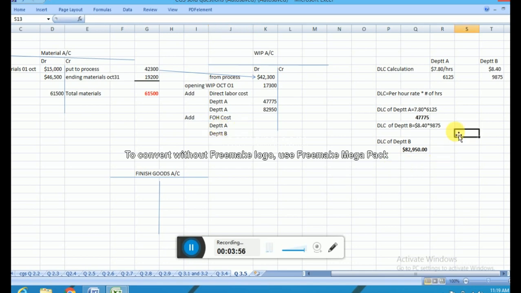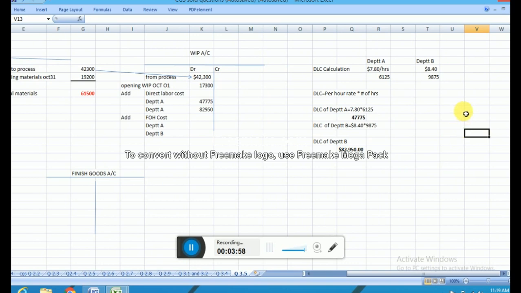Okay, now look at the same formula we will use for the factory overhead cost. So FOH cost is equal to the per hour rate, which is given, and the number of hours, which is also given.